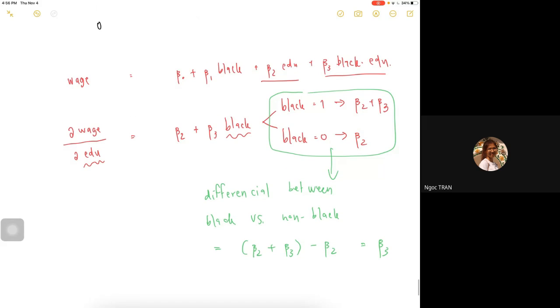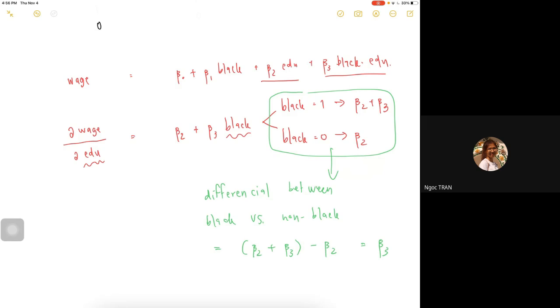So from the equation that you already ran the regression for, you will see that if the education changes and you would like to see the differential between races, you just take a look at your beta 3.